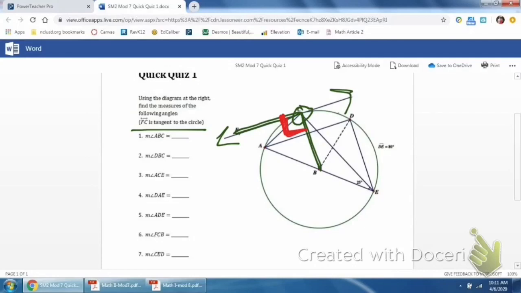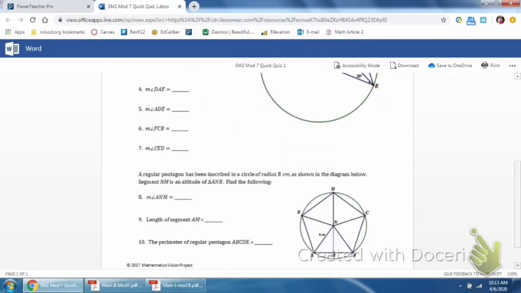So if you connect the point of tangency to the center, that line and the tangent line are perpendicular. The rest of those you should be able to do.